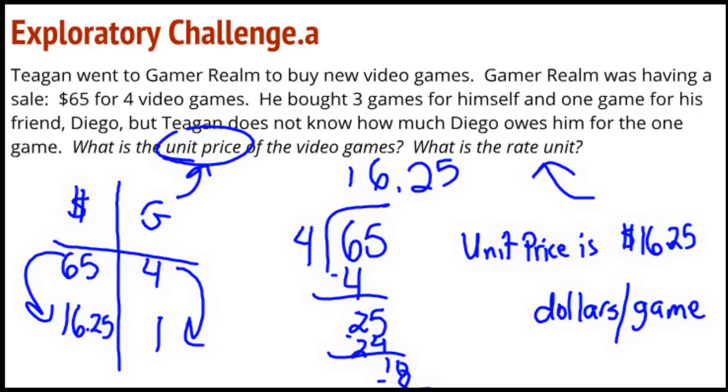So it's actually a little tricky here. I would probably want to get rid of that dollar sign there. And so the unit price is 16 and 25 hundredths, and we would say dollars per game.